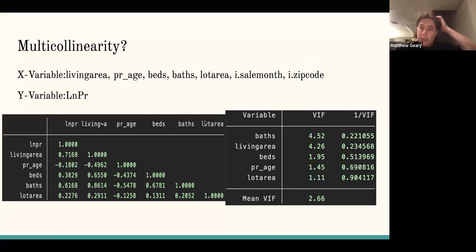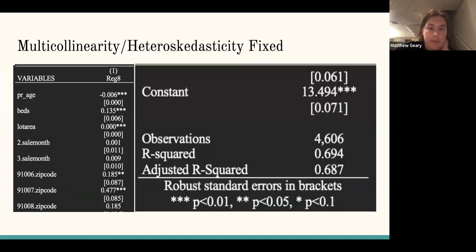And so we decided to take those out, start with those, and try to run our regression over again and get the VIF and the correlation matrix again and see if there's multicollinearity. And we figured out that the best option was to take out both baths as well as living area.